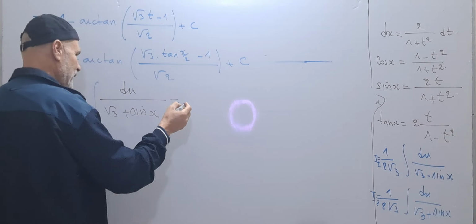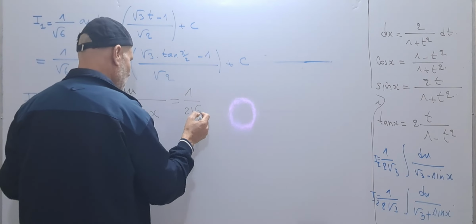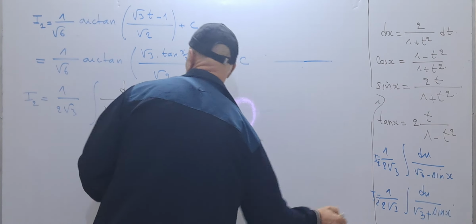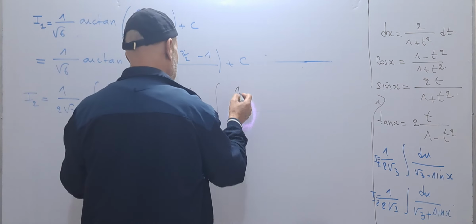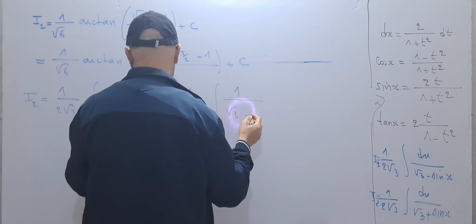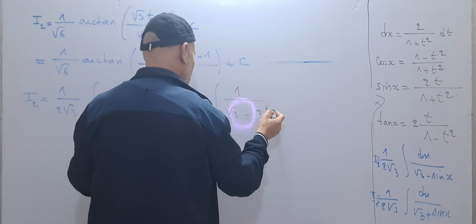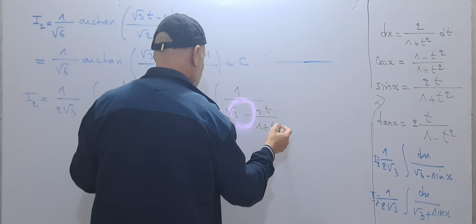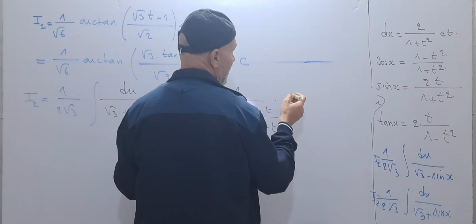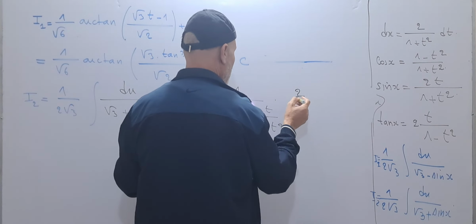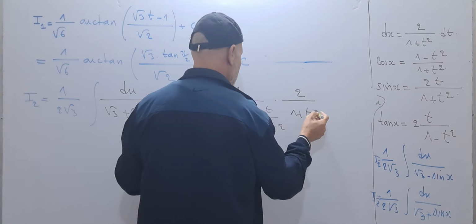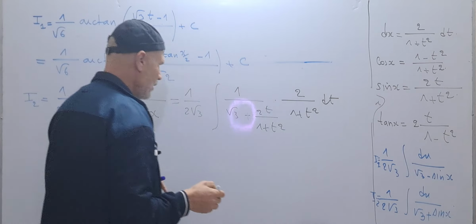We use the same idea: 1 over 2 the square root of 3 the integral, 1 over the square root of 3 plus 2t over 1 plus t square, and dx is equal to 2 over 1 plus t square dt.